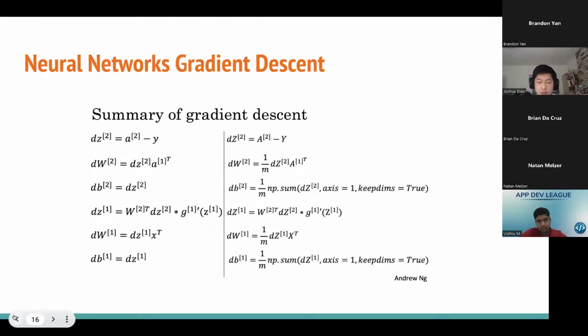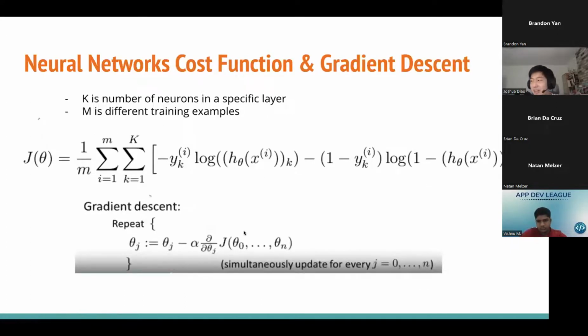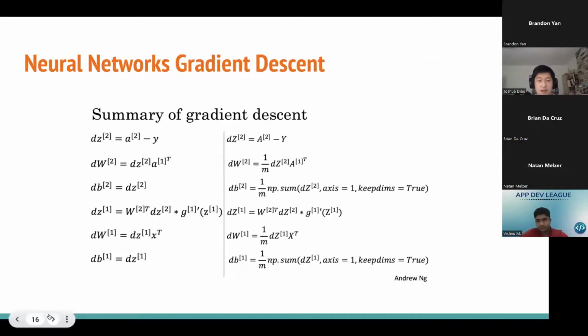Yeah, so neural networks actually get really complicated in the math. This gradient descent formula looks pretty simple, but if you're actually trying to take the partial derivative of each parameter of this gigantic cost function, we'll get these types of formulas.